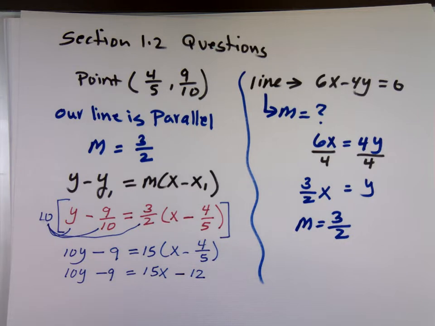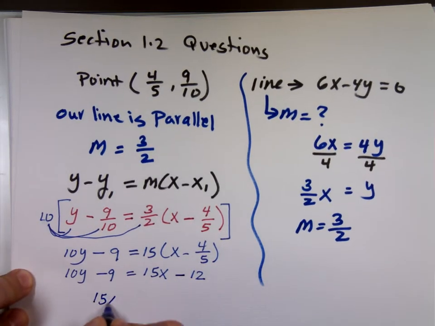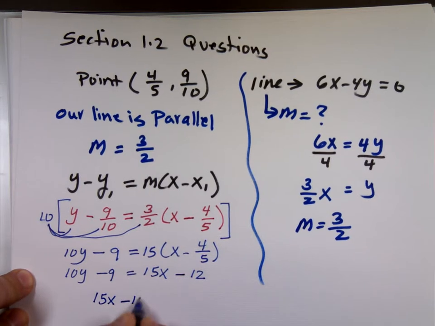Now let's move everything to one side, or I don't know what format they want it in. You can make it 15x minus 10y minus 9 minus the 12. You move the minus 9 to this side, that becomes positive 9. Is that a minus 3?